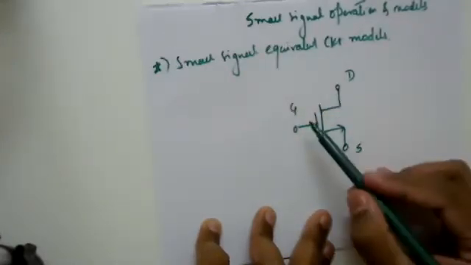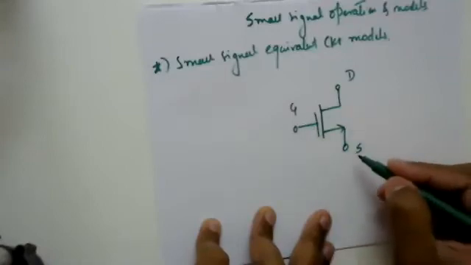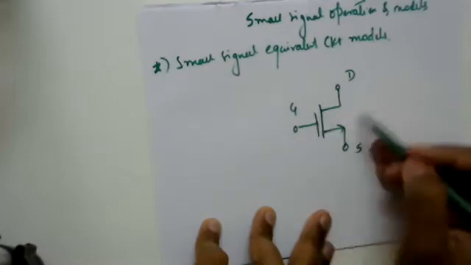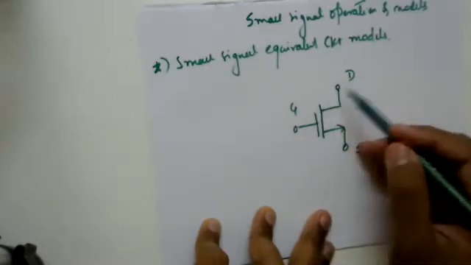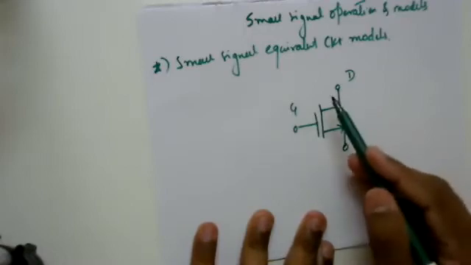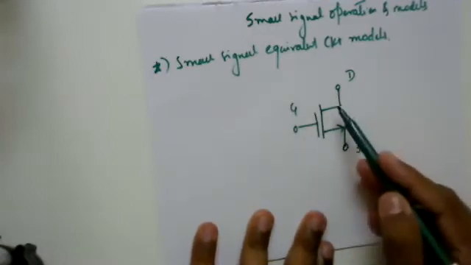When I want to model this in terms of small signal analysis, I need to identify the equivalent circuit. Why am I doing this?